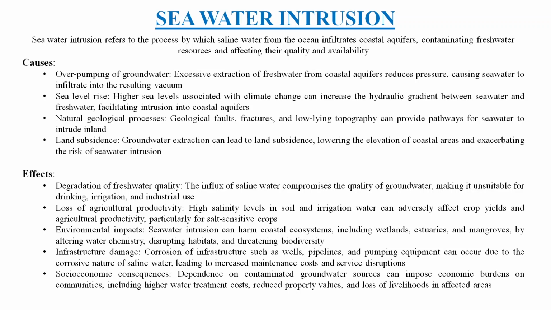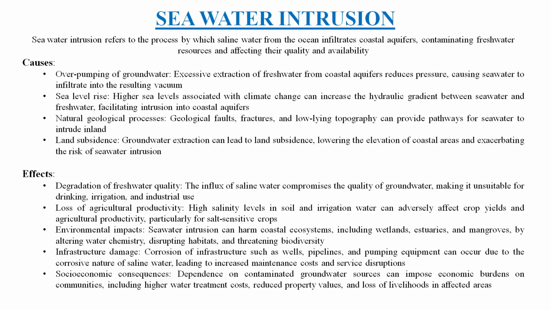So there is always a dearth in the supply of fresh water, but still there are aquifers present as we go inland from the sea. If over-pumping of groundwater is happening, or sometimes sea level is increasing, then again your groundwater may get contaminated by saline water. We will be looking into that.